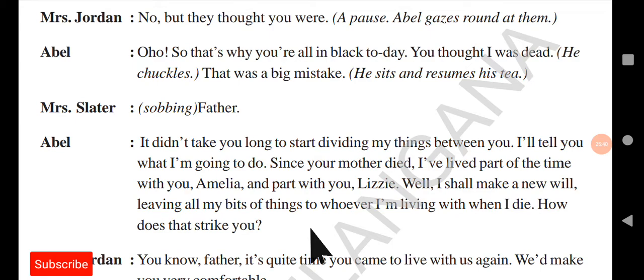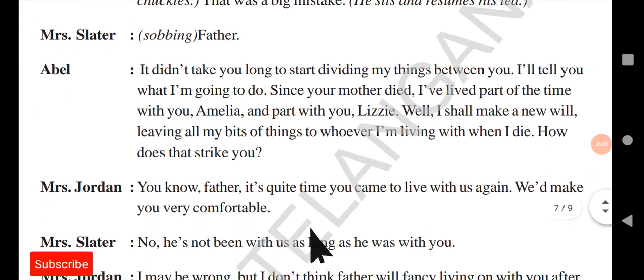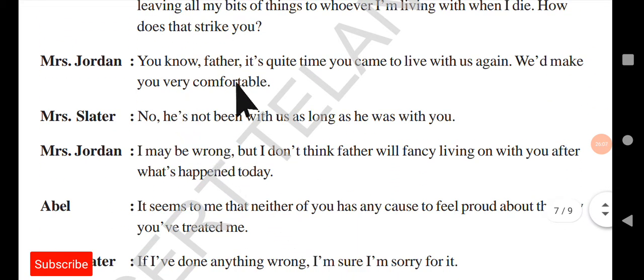So now, in whosever house I die, all my things belong to that family, that house only. It is a type of agreement: wherever I die, all my properties go to that house. Immediately Jordan says, father, it's quite a time since you came to live with us again. It would make you very comfortable.